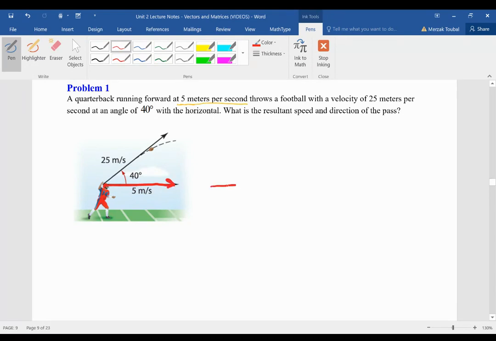So this is the velocity, which is 5 meters per second. This is horizontal because the player is running horizontally first. So if it's only horizontal, then it has no vertical component. The vertical component is 0.